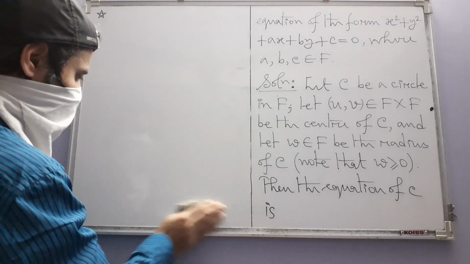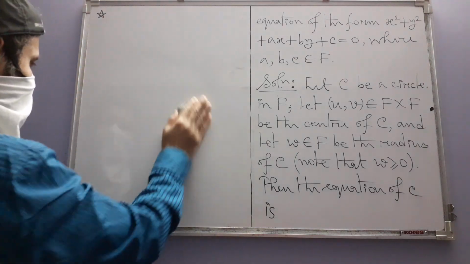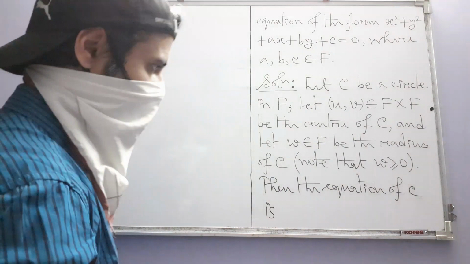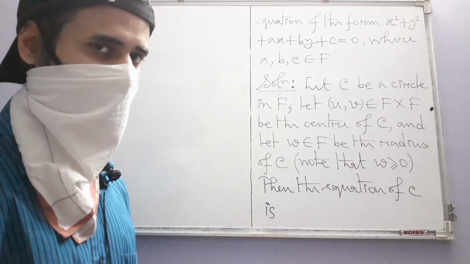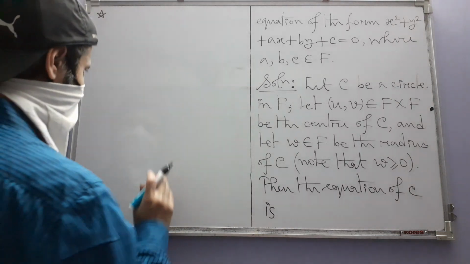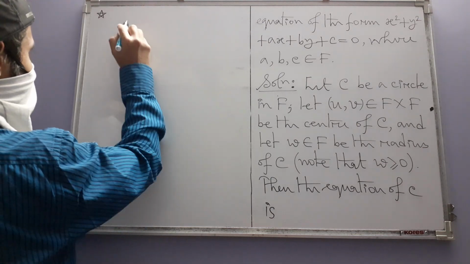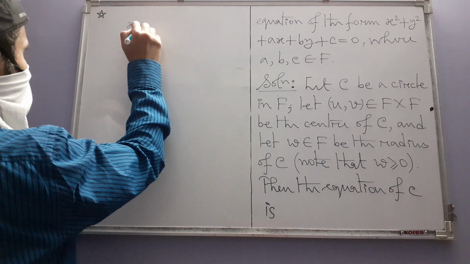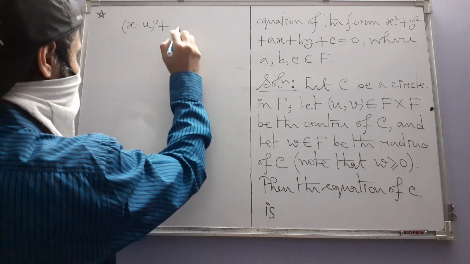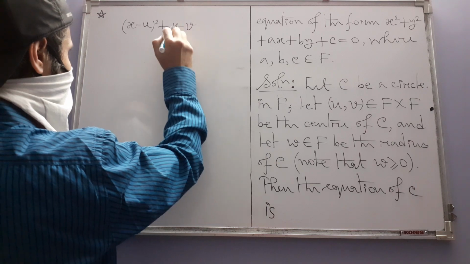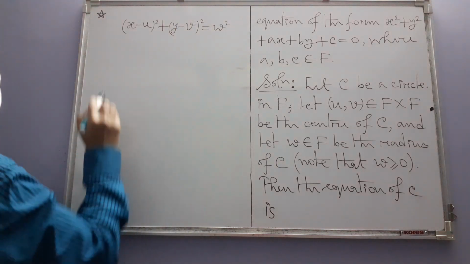You just apply the distance formula and the condition that the distance from any point on the circle to the center is equal to the radius. So that amounts to writing this: x minus u whole square plus y minus v whole square equal to w square.